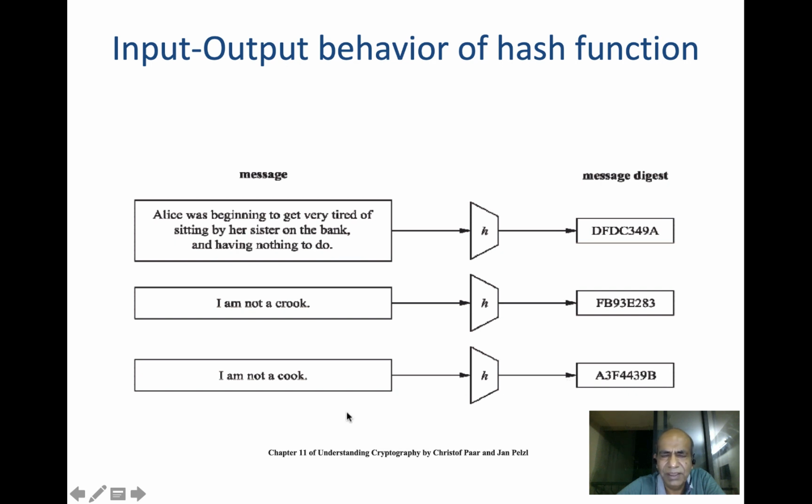All right. So it means that with a single bit of change in input, there must be significant change in output of hash function. Okay, got it? So let's move to the next slide.